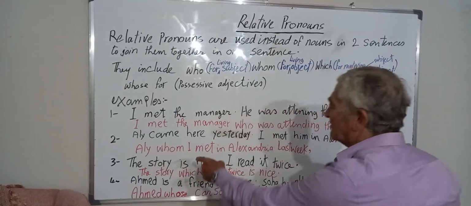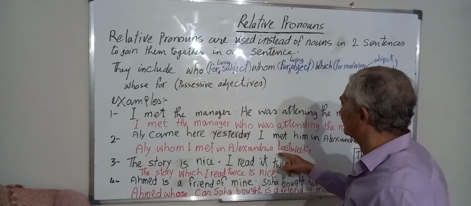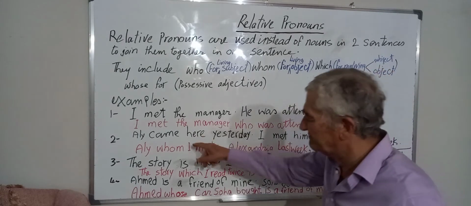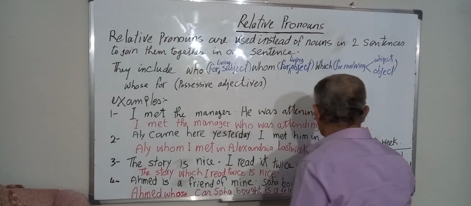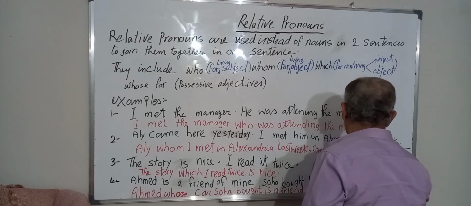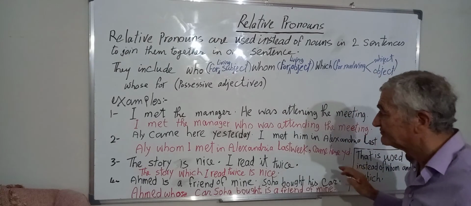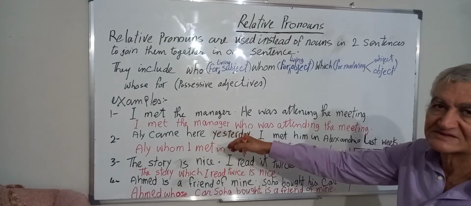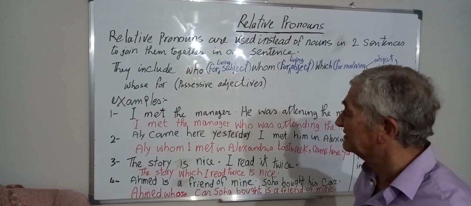Ali, whom, and complete the second sentence: whom I met in Alexandria last week. Then, came here yesterday. I complete what is remaining from the first sentence.